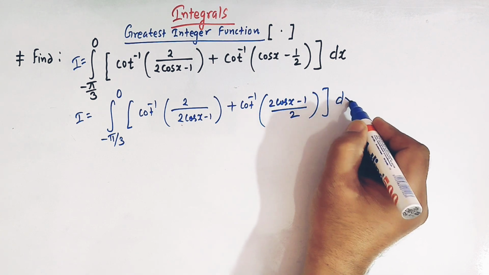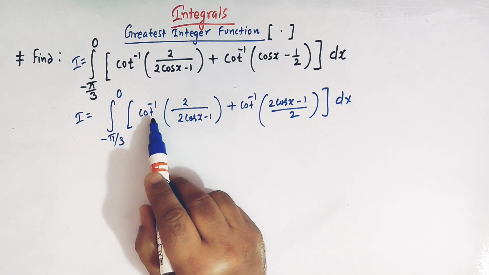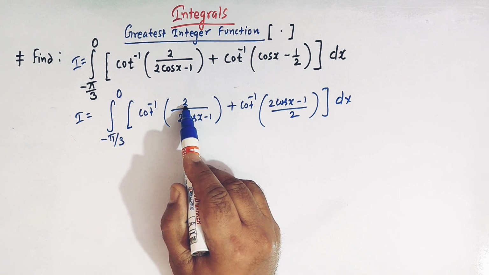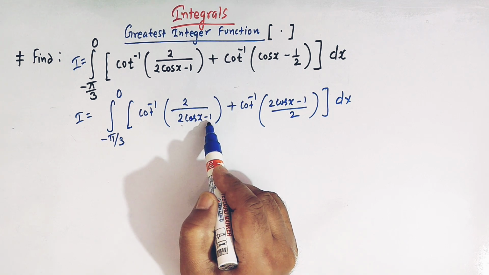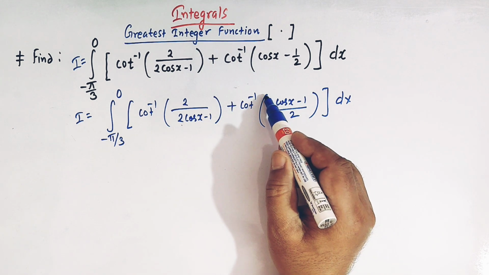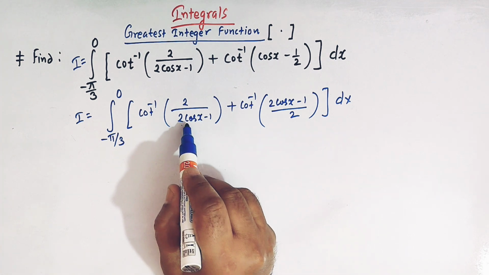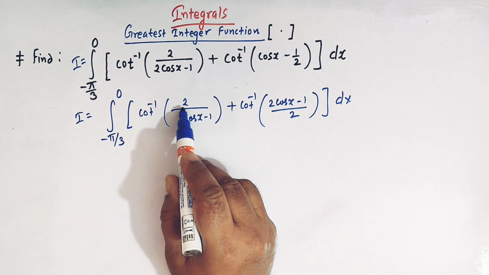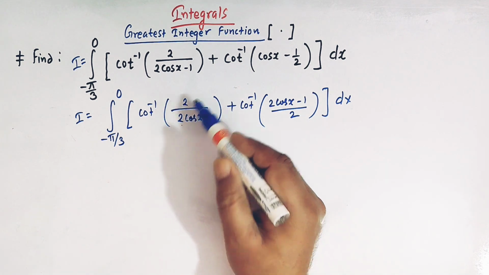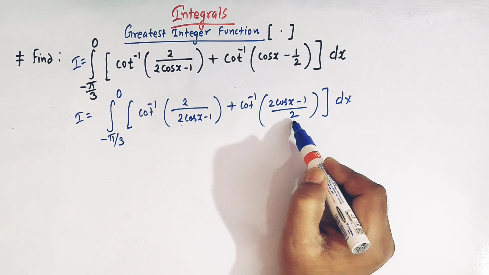The first important thing to note is that in the first term we have cot inverse of 2 divided by 2 cos x minus 1, and in the second term, inside the brackets is the reciprocal of this term, that is 2 cos x minus 1 over 2.